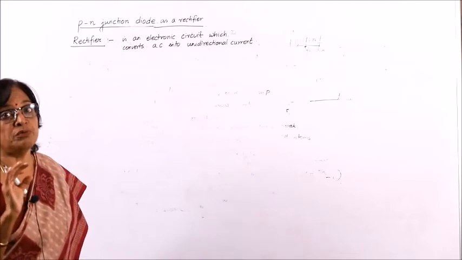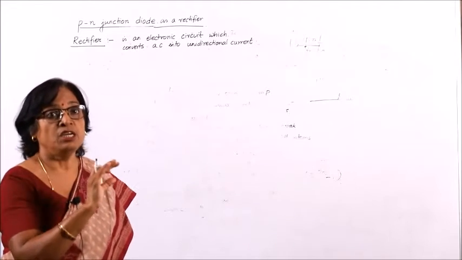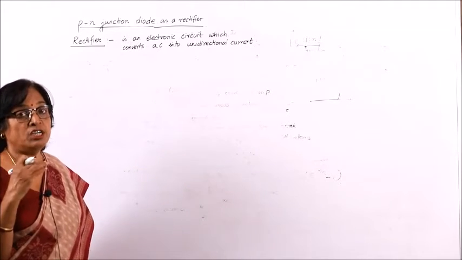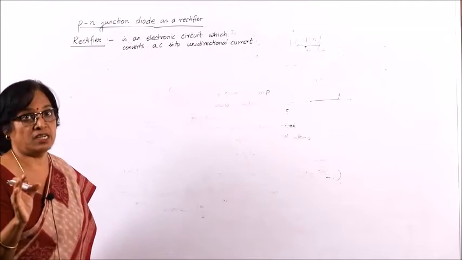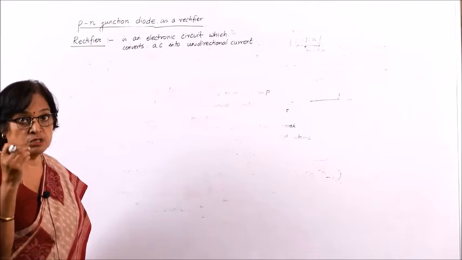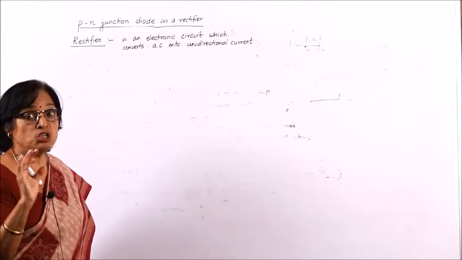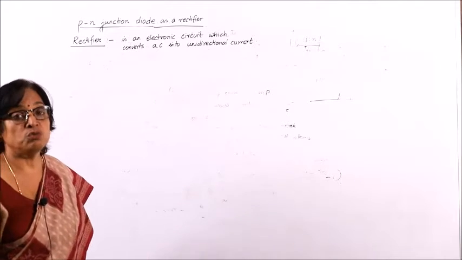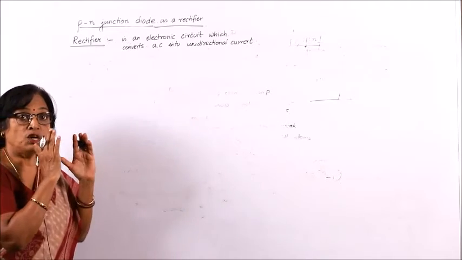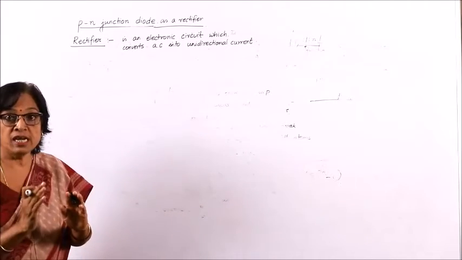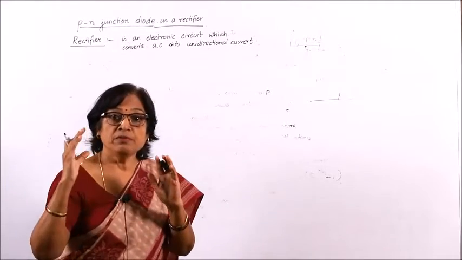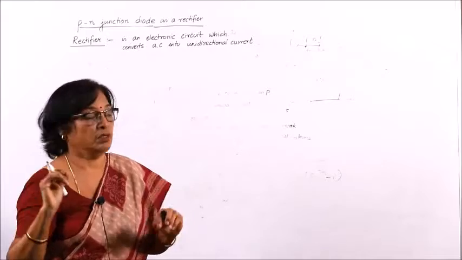So, this is the work of a rectifier, to convert AC, not exactly to DC, but to a pulsating DC, or in other words a unidirectional current, but the magnitude of the current, the output of the rectifier, is not constant. To make it constant, we use a filter. So, the rectifier is the first part, where you convert AC to a unidirectional current. If you use a filter thereafter, it will be converted into a constant DC current.